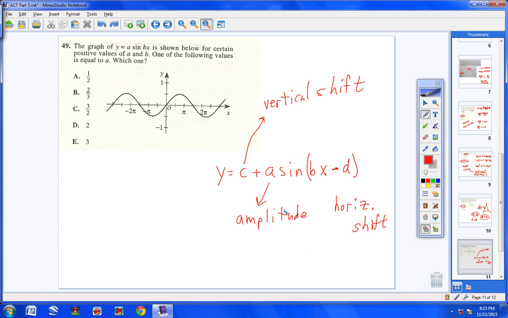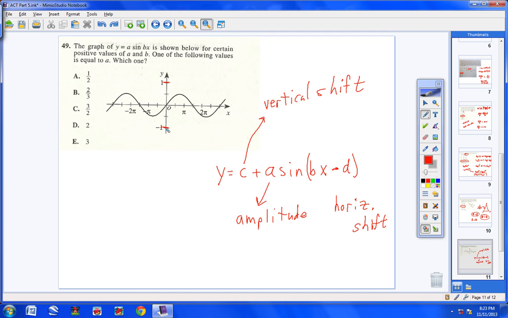For those that have seen this, you should notice then right away when they say the graph of y equals a sine bx, which is what we have here, is shown below. One of the following values is equal to a. Which one is it? Well, I just told you whenever a number or a variable is in front of sine, that's your amplitude. So here's 1 and here's negative 1.